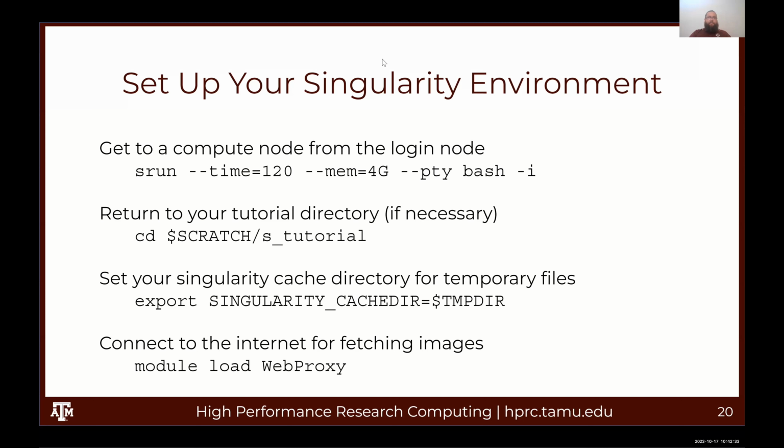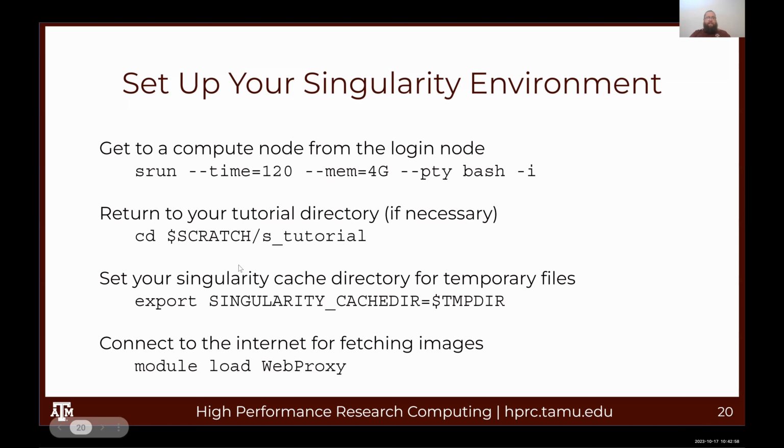And Slurm is configured to give each job a directory in the temporary file system, and the variable that points to it is named tempdir. So conveniently, everyone should have a temporary directory named tempdir on the local file system that we can use for our Singularity cache directory.